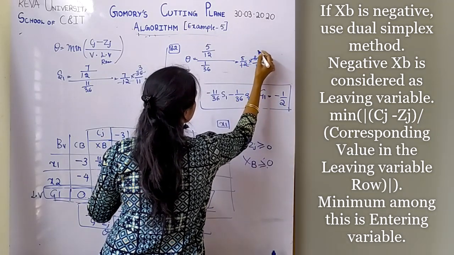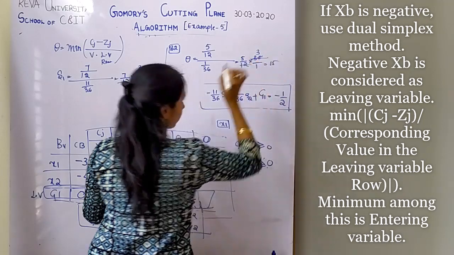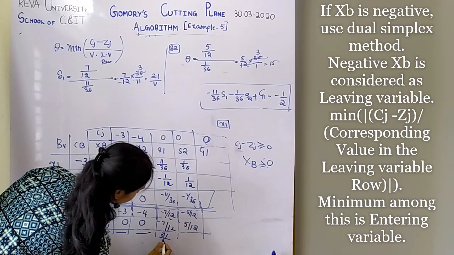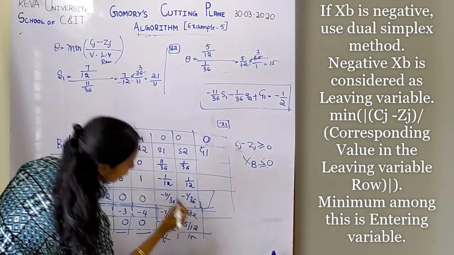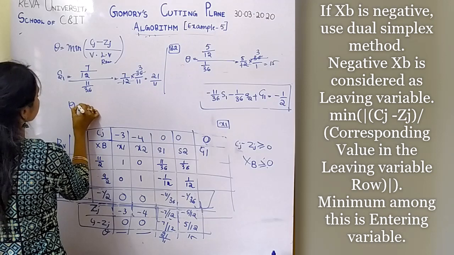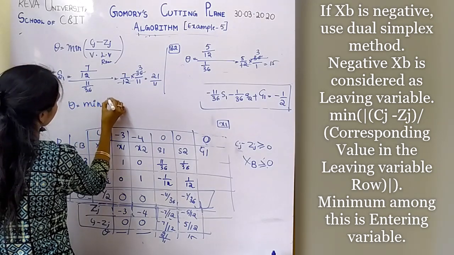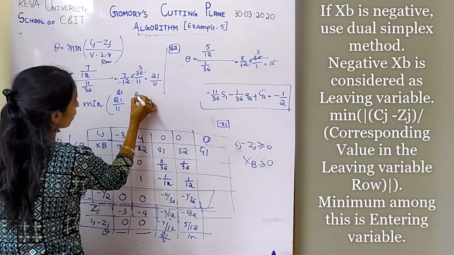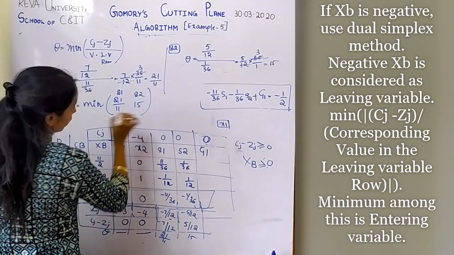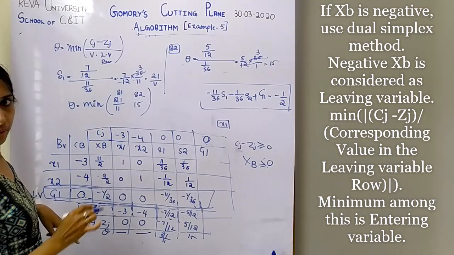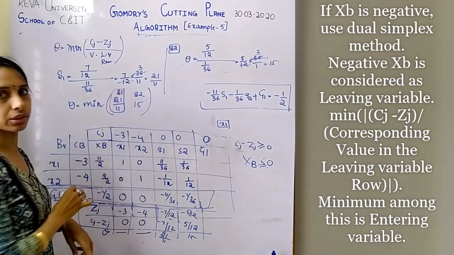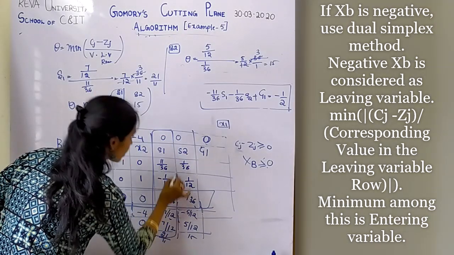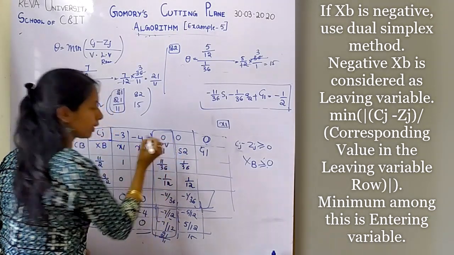So you will get here 21 by 11 and 15. So theta is equal to minimum of 21 by 11, which corresponds to S1. For S2 it is 15. Which is minimum among this? Minimum among this is S1. So we will be considering this S1 as the entering variable.